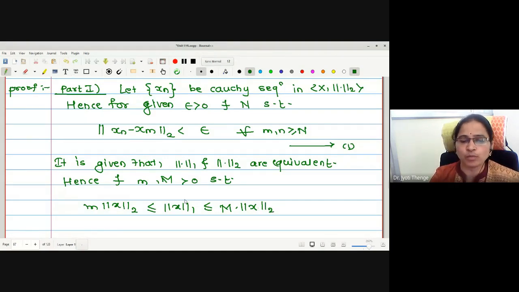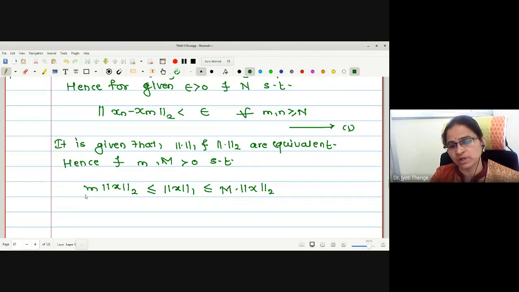Which norm is written in the middle and which on the left and right side depends on your assumption. Here norm 2 is your assumption, norm 2 of xn minus xm is less than epsilon, and the aim is to show norm 1 of xn minus xm is less than epsilon.